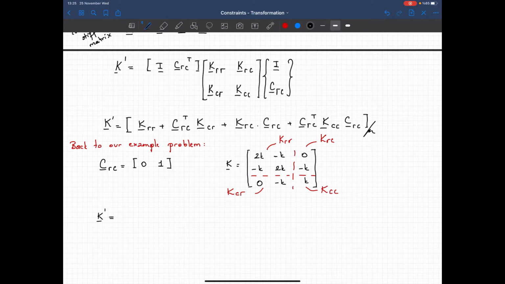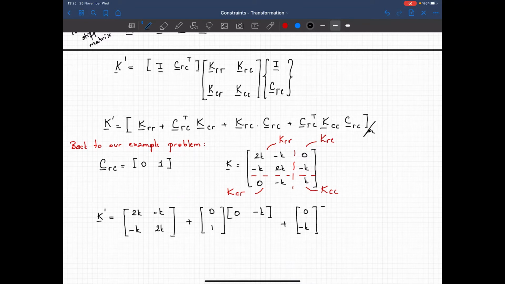Let me write KRR now: 2K minus K, minus K and 2K, plus CRC transpose, which is equal to 0 and 1, multiplied by KCR, which is 0 and minus K, plus KRC, 0 minus K, multiplied by CRC, 0 1, plus I got 0 and 1 here multiplied by K multiplied by 0 and 1.